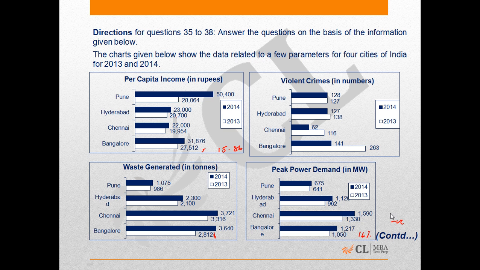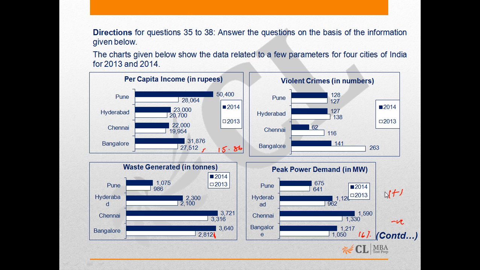So we do not need to do any calculation. So by now we have got 2 states for which percentage increase in per capita income in 2014 over 2013 was less than percentage increase in peak power demand in 2014 over 2013.